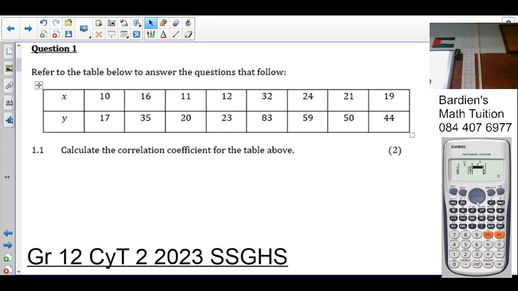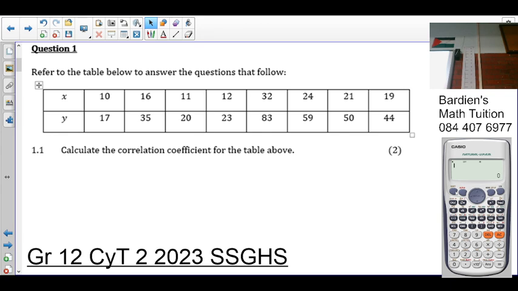Then the Y row, 17, 35, we press equal, yes? 20, 23, 83, 59, 50, 44. Then we press AC, so that we can store our data.